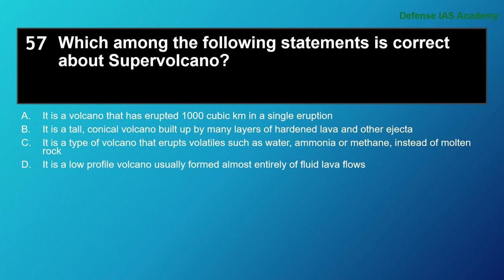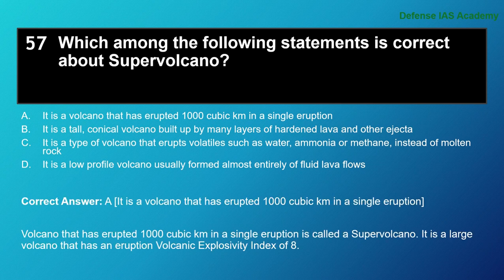Next question, which among the following statements is correct about the super volcano? I'm not reading the options aloud. You can go through the options A, B, C, and D. Now let's see what the answer is. The correct answer is A. A is the only option given in this question that is correct about a super volcano. So what is A? It is a volcano that has erupted 100 cubic kilometers in a single eruption.